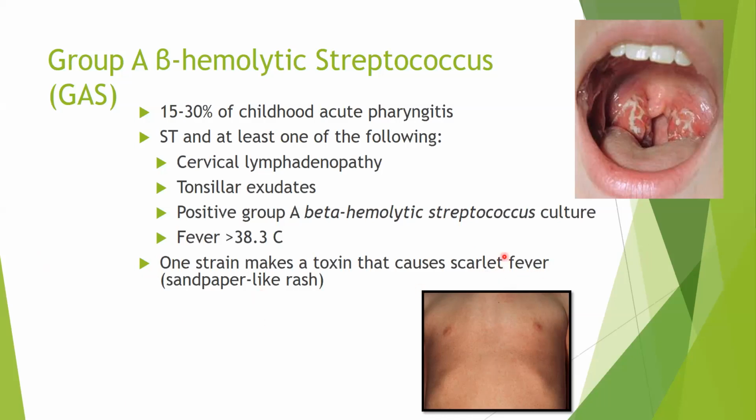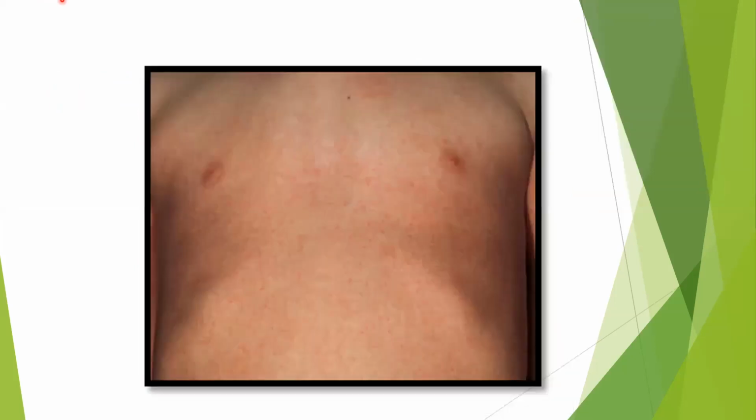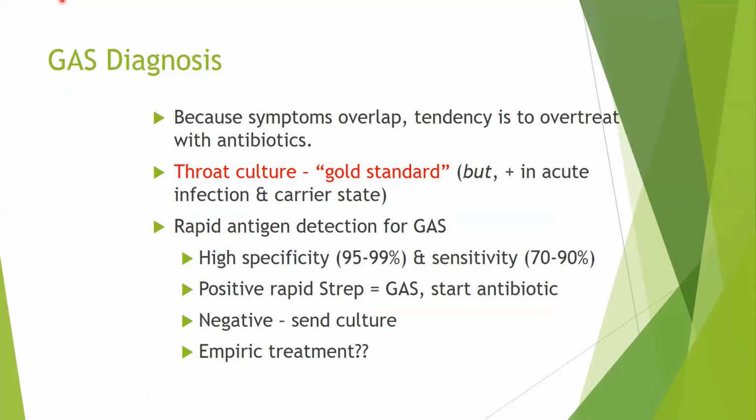So we need to make sure that we treat these people fully so that they don't have any sequelae of that, like valvular abnormalities. There's that rash. Okay. Group A strep, because symptoms are overlapping, we tend to overtreat these people. Throat culture is really the gold standard.